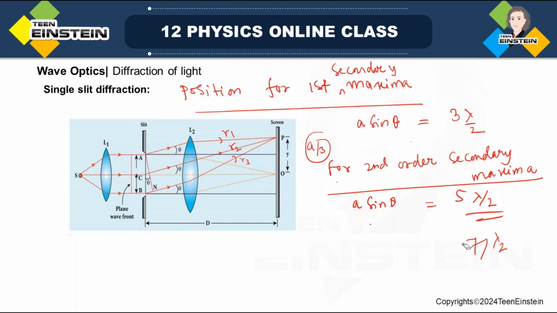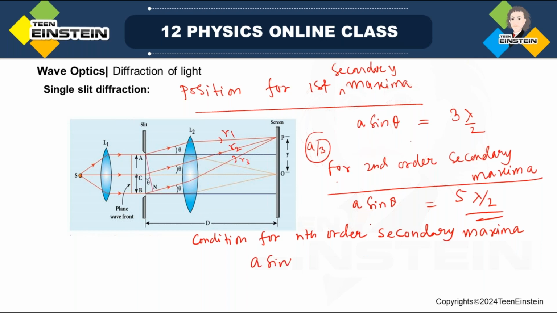So in general, the condition for nth order secondary maxima is given by a sin theta equal to (2n plus 1) lambda by 2, where n goes 1, 2, 3, like that.